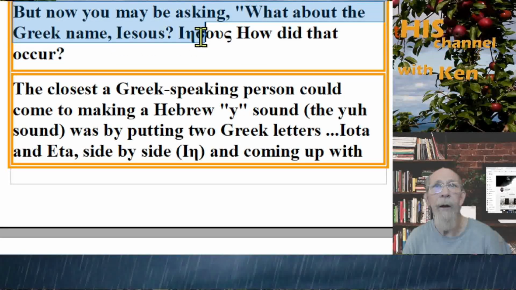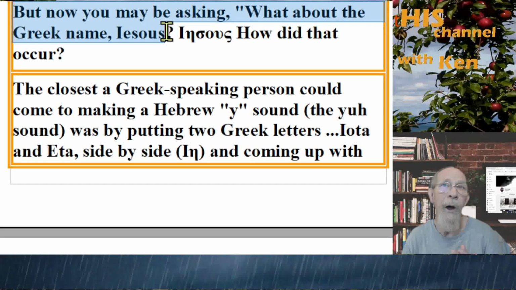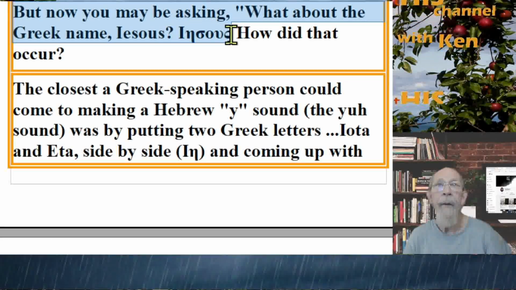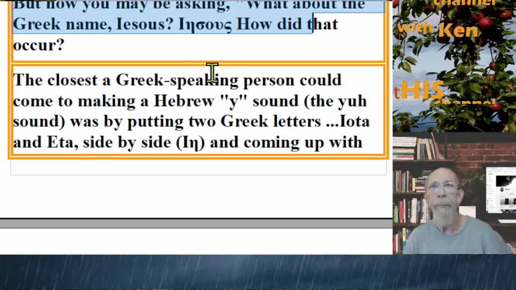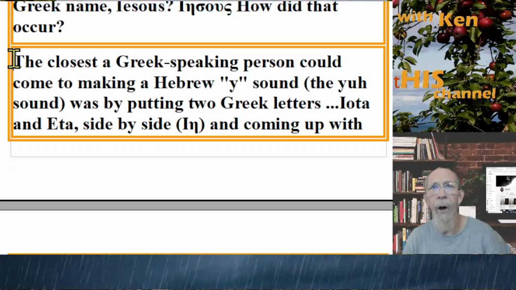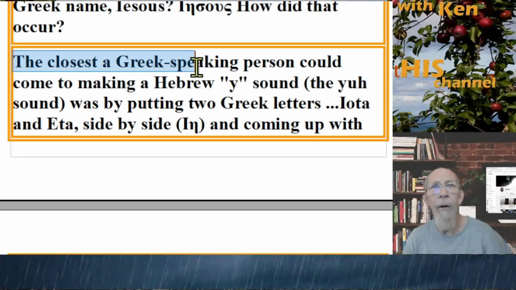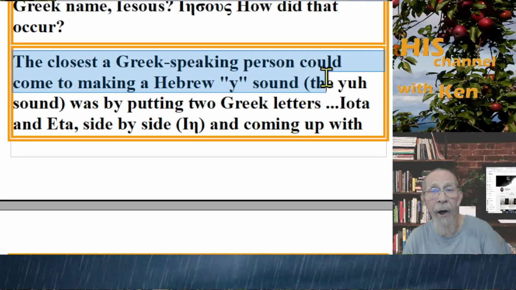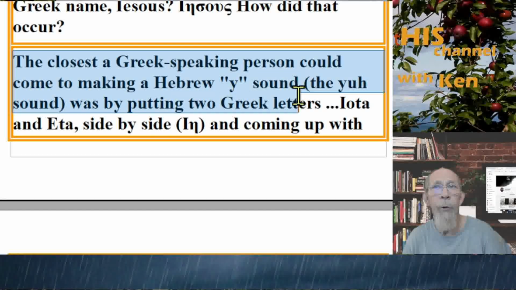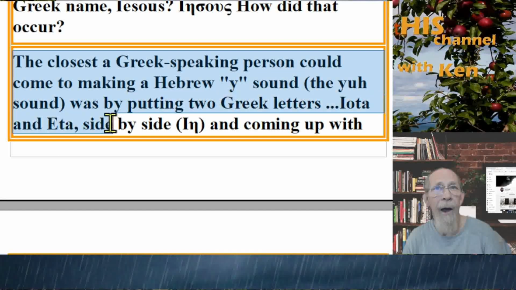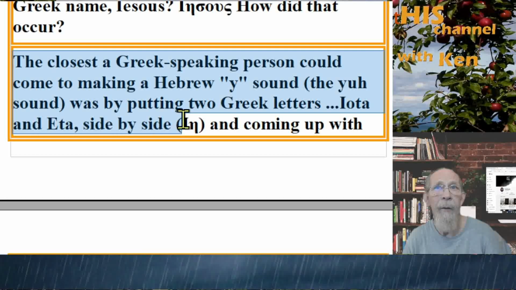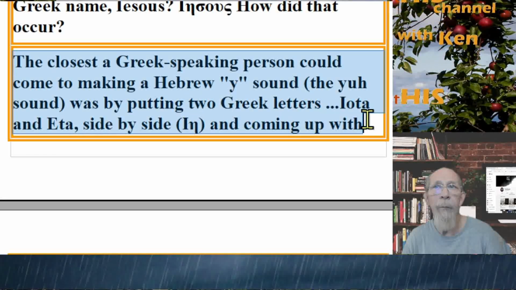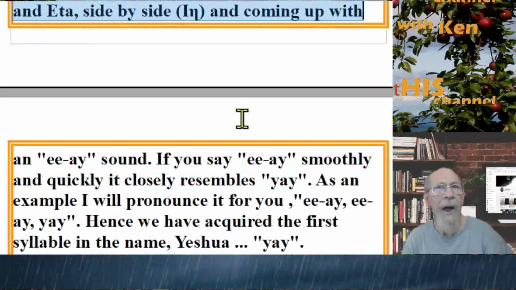Iesous. And that's the way we pronounce it, and that is the actual Greek spelling. How did that occur? The closest a Greek-speaking person could come to making a Hebrew Y sound was by putting two Greek letters, iota and eta, side by side, and coming up with an EA sound.